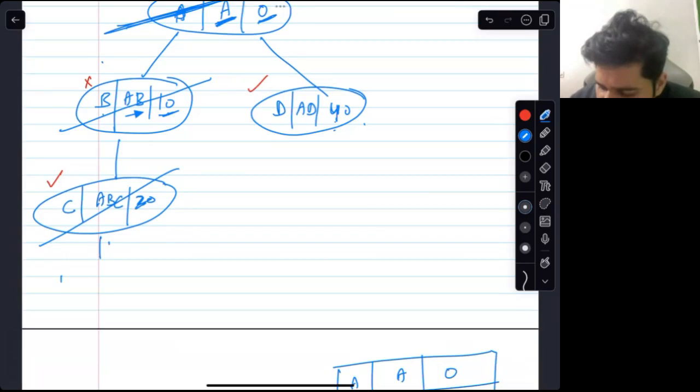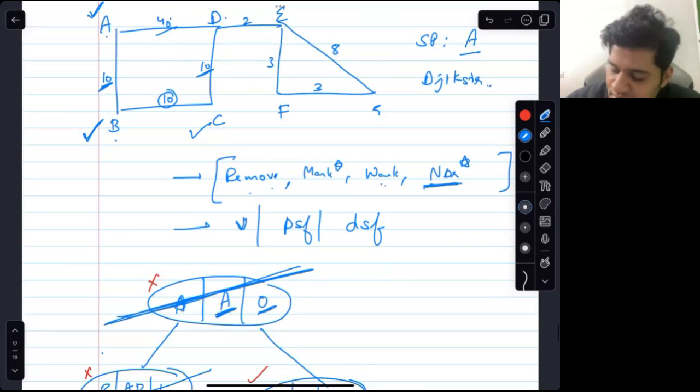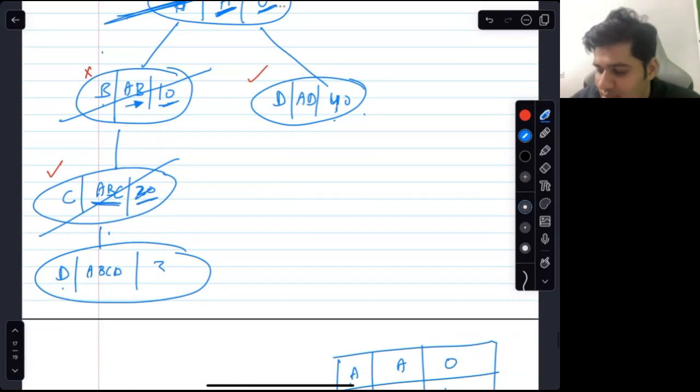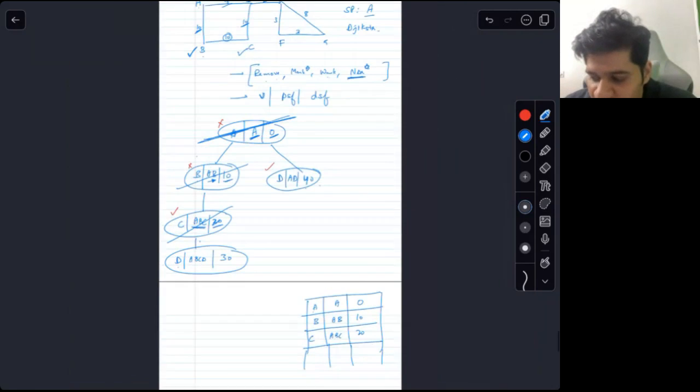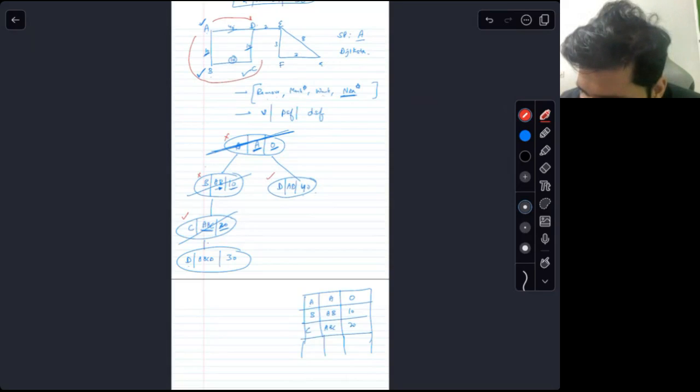And I hope you would be able to see the path so far. Old path is ABC and add D to it. Old distance is 20 and this is 10. So make it 30. If you see this carefully, the algorithm is very clever. From A to D, there were 2 paths. There was a direct path and there was an indirect path.